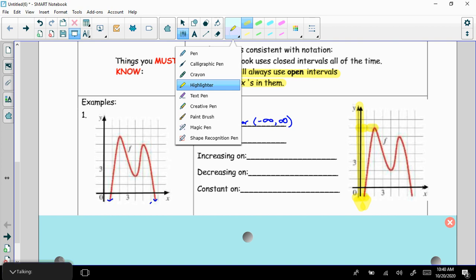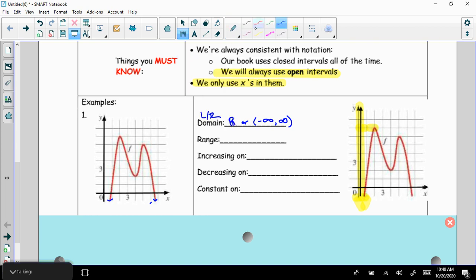And so my range is going to include negative infinity, but it's going to peak out and have a high point, and we need to just know what that point is. So there's 5, 6, and 7. So my high point here is 7. That is included in my range. It's not an open circle or anything, so I use a bracket. And so that's your range.